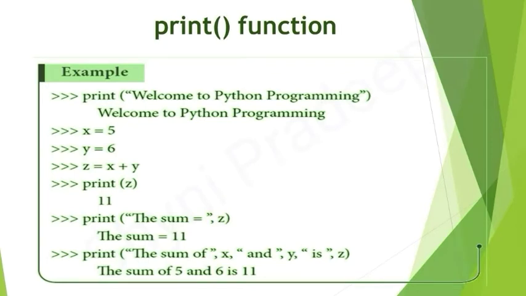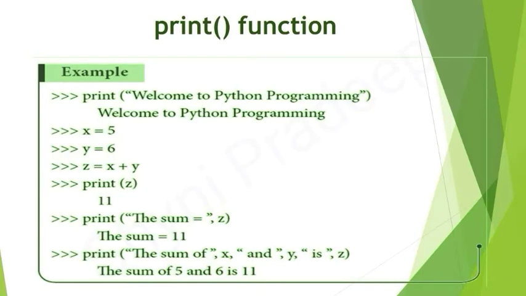Let's see another example. x equal to 5, y equal to 6, z equal to x plus y, and then print z. So what is the output of this code? x value is given, y value is given, z equal to x plus y, print z. Here double quotes is not given, so this z is called a variable. Here it prints the value of z.